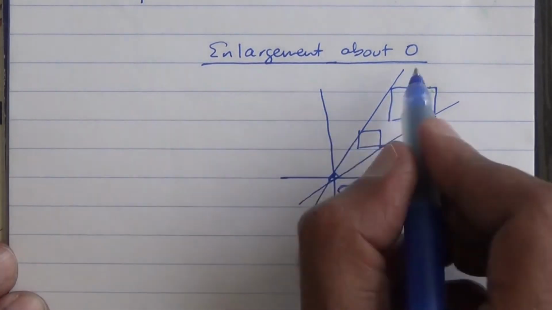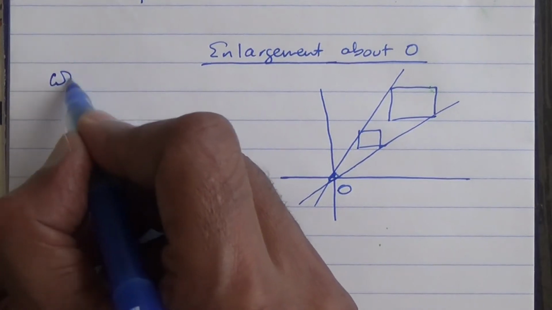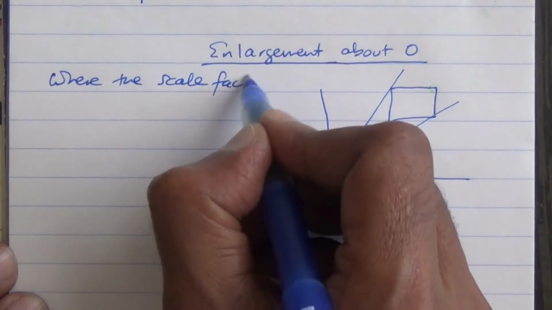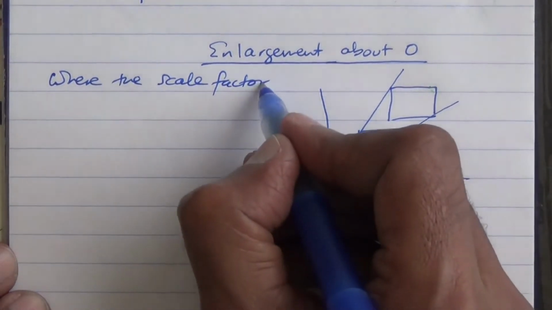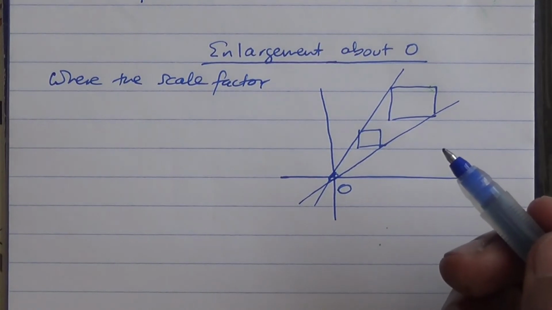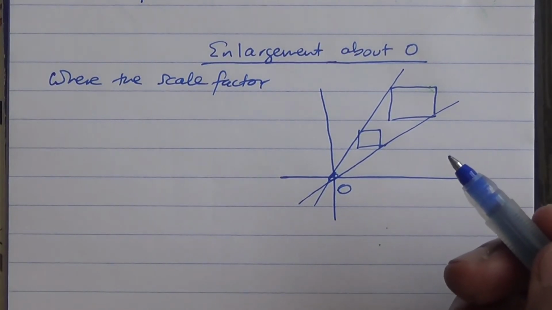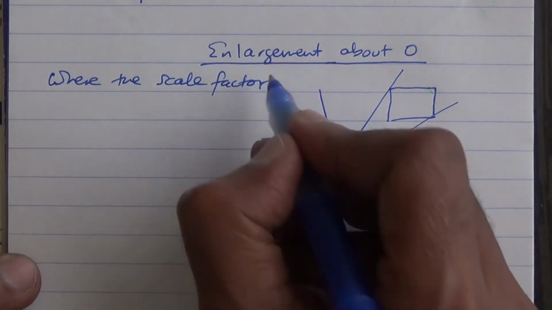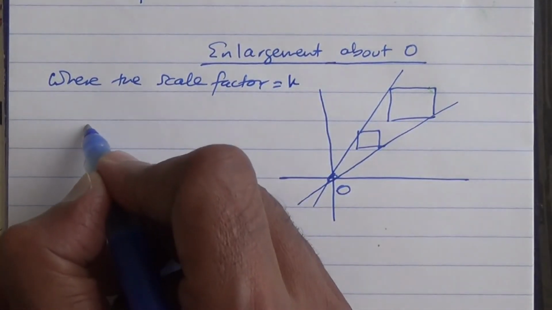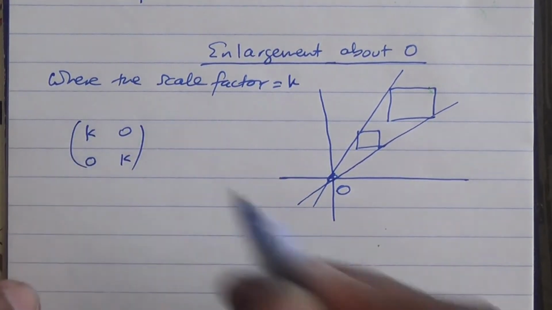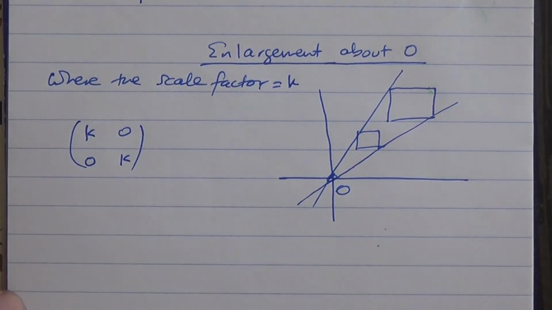So the matrix for enlargement about O, where the scale factor is the number by which you multiply the size of the original figure to get the size of its image. So where the scale factor is k, the matrix is going to be [k 0; 0 k]. Alright, so you may be given something like this.